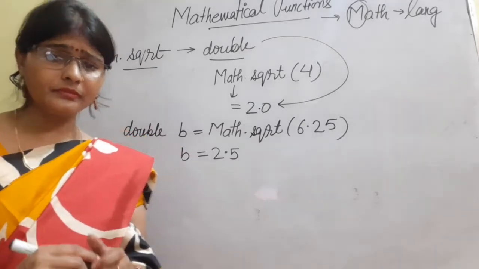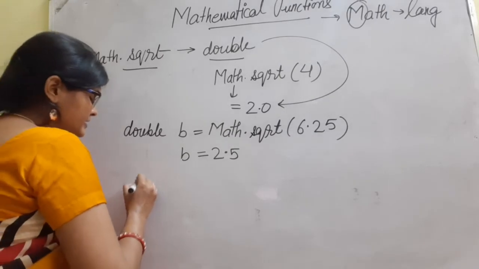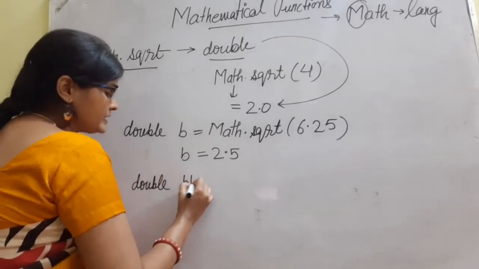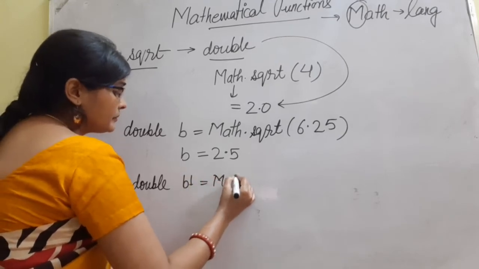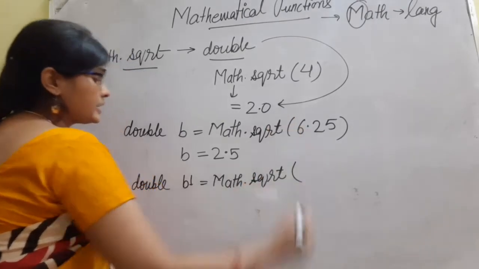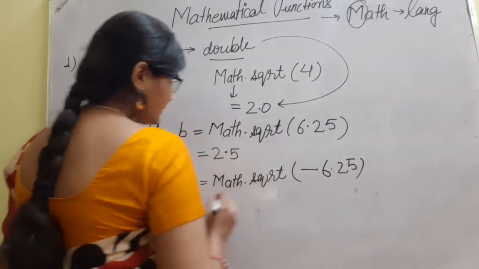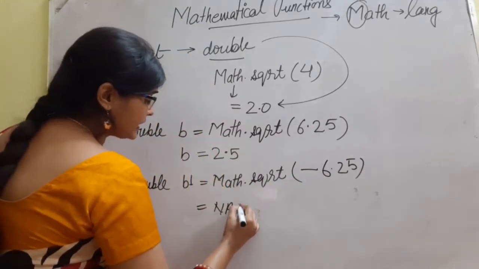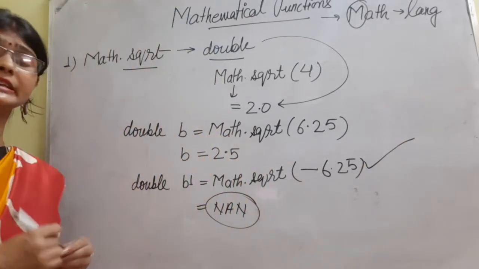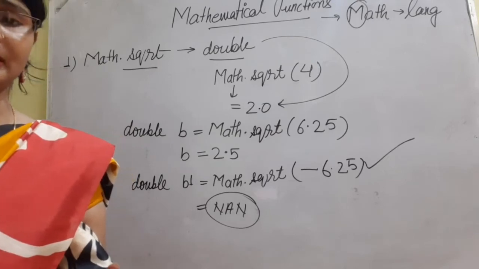Clear? Now for negative numbers, it is not applicable. double b1 = Math.sqrt(-6.25). It will give the result NaN, because this is a very important point: for a negative value, square root is not applicable.